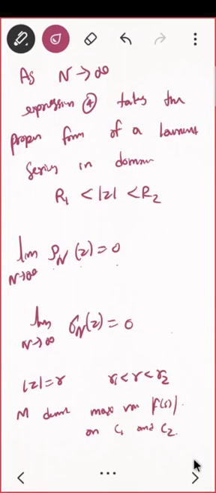And also note that if s is a point on c2, then mod of s minus z will be greater than or equal to mod s minus mod z, that is, greater than or equal to r2 minus r.